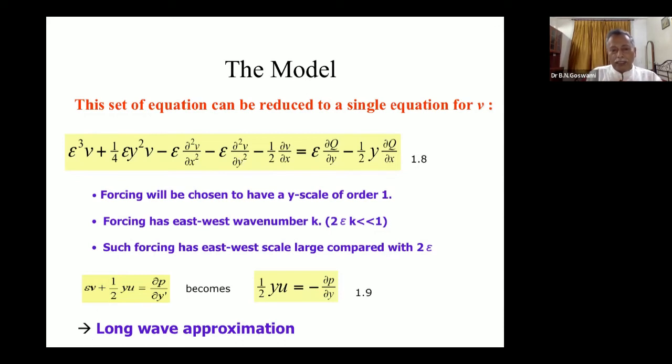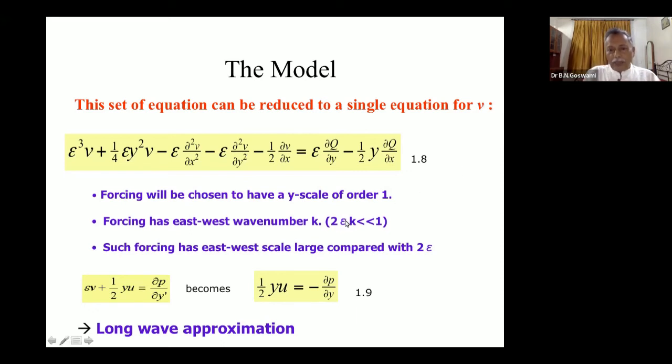Most of the dissipation is weak, and the horizontal scale of the heating is pretty large. So most of the response is going to be projected into the larger, low frequency, large scale modes, and therefore we can make something called the long wave approximation.